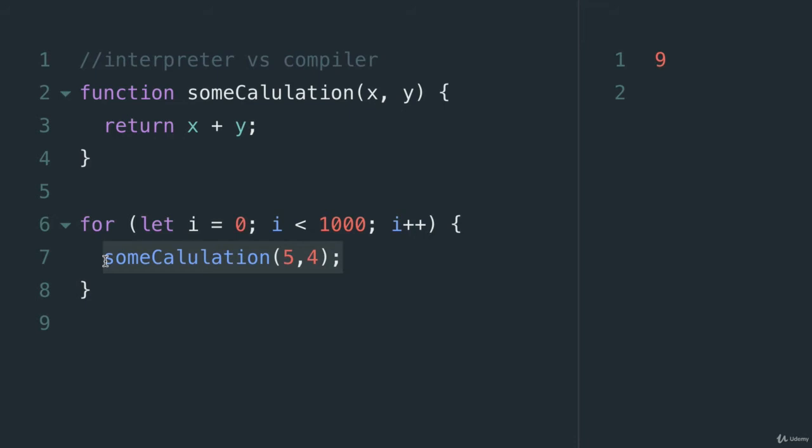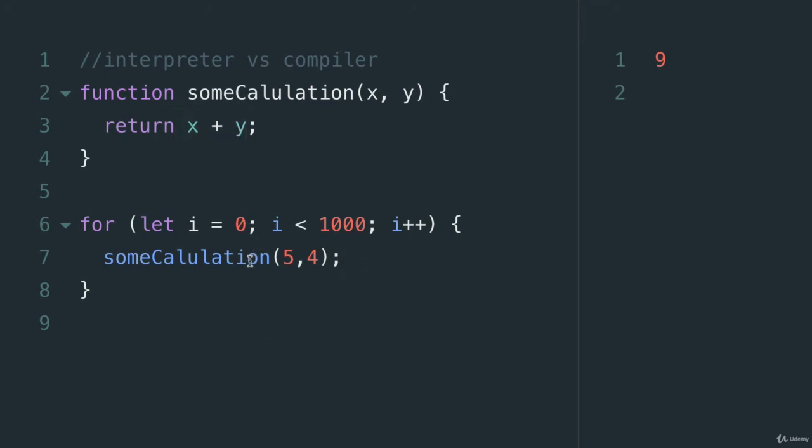The compiler actually helps us here. It takes a little bit more time to start up because it has to go through that compilation step at the beginning, go through our code, understand it, and spit it out into another language. But the compiler will be smart enough that when it sees code like this, and this is obviously a simplified version of it, but if it sees code like this that we just loop over and it has the same inputs, returning the same outputs, well, it can actually just simplify this code.